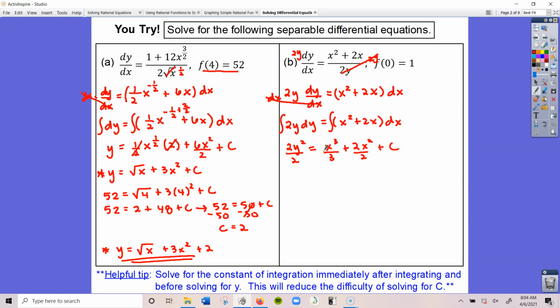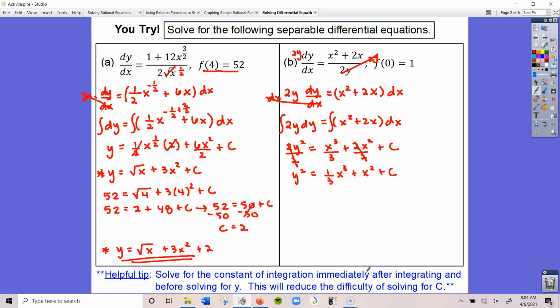We can simplify this. We get y squared, since these 2's cancel, is equal to 1/3 x cubed, or x cubed over 3, however you prefer to write it, plus x squared plus c.